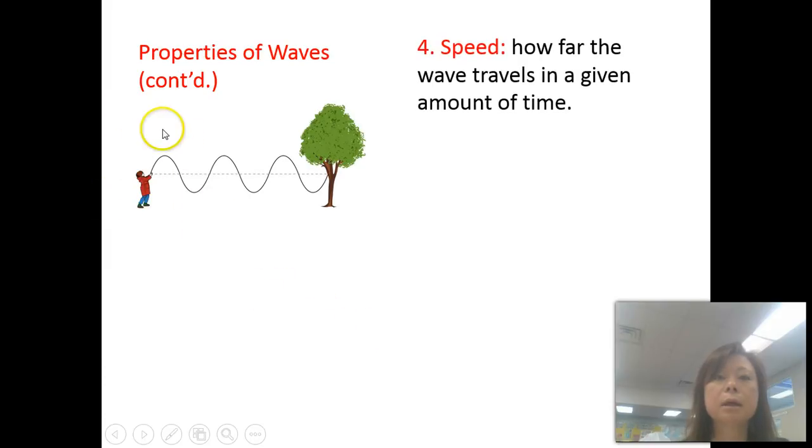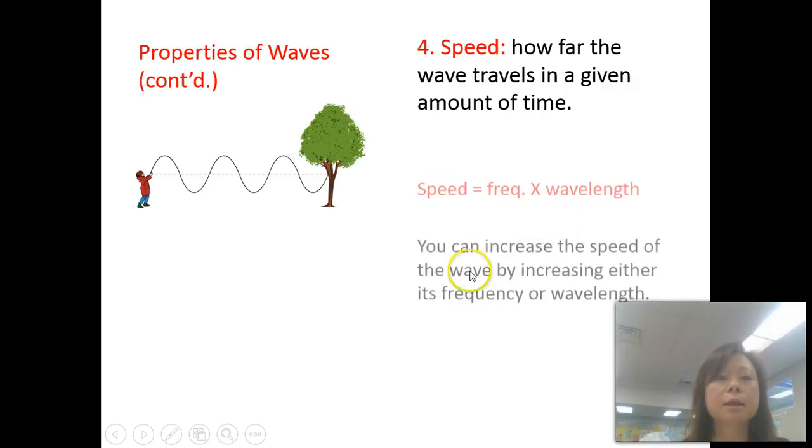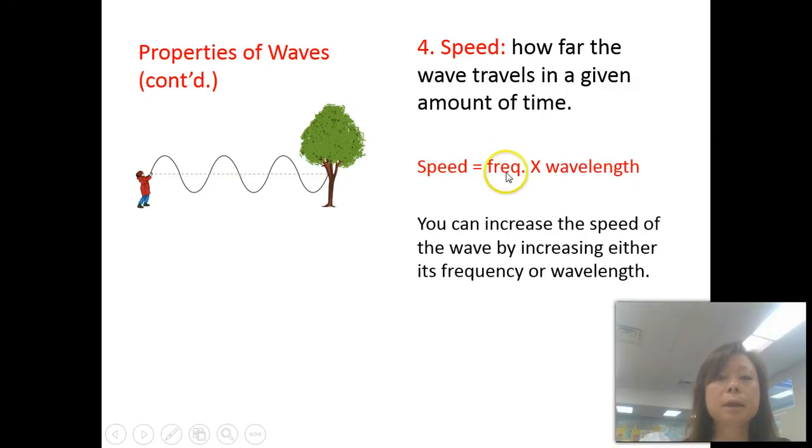Speed is how far the wave travels in a certain amount of time, and you can calculate speed by multiplying the wavelength and frequency together. You can increase the speed of the wave by increasing the frequency or the wavelength or both.